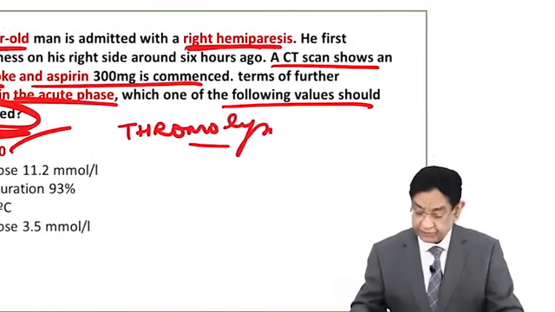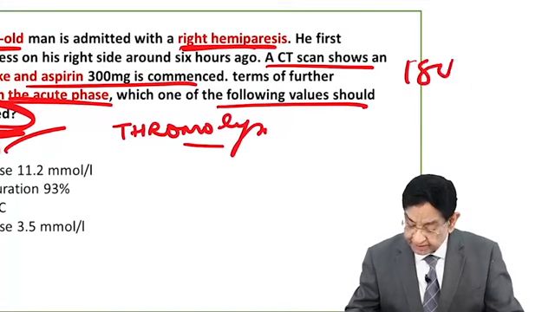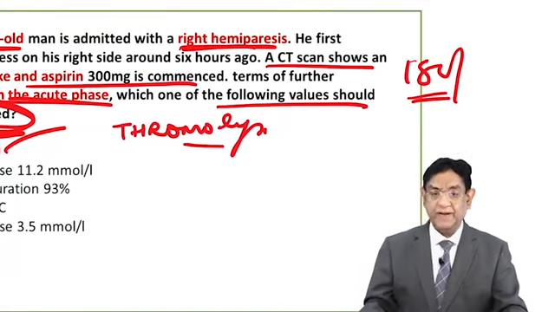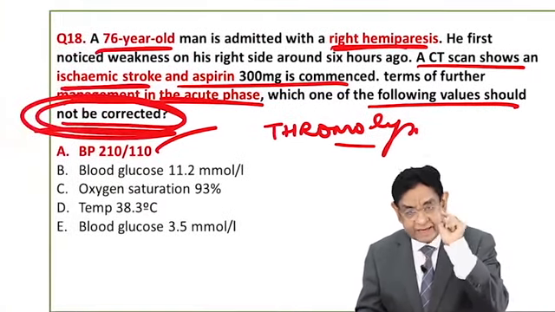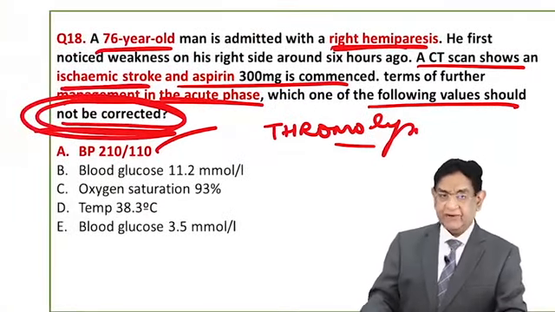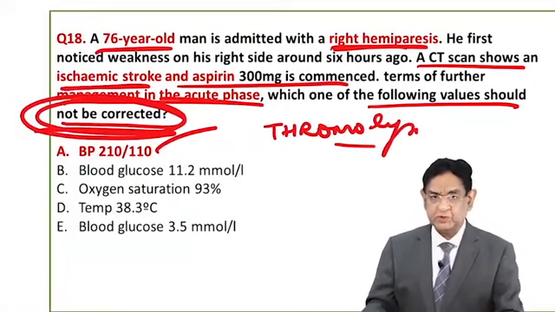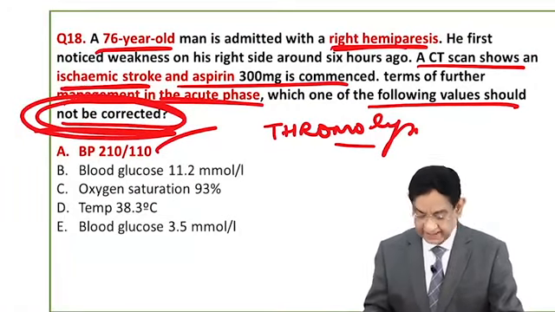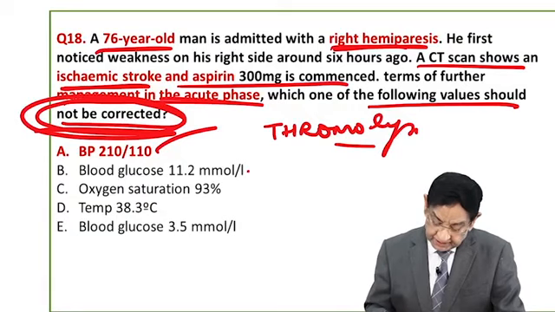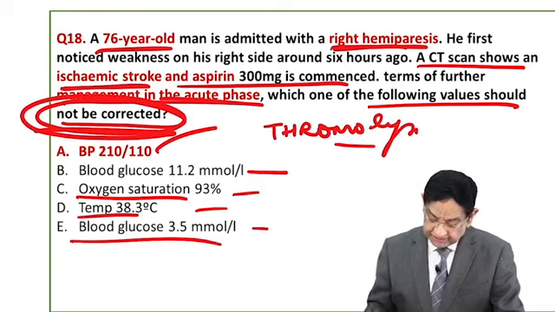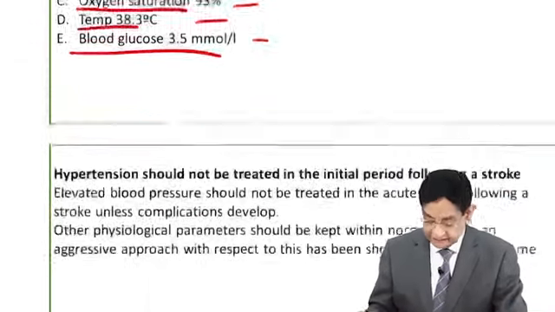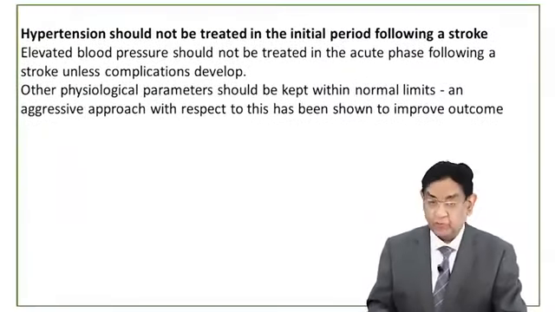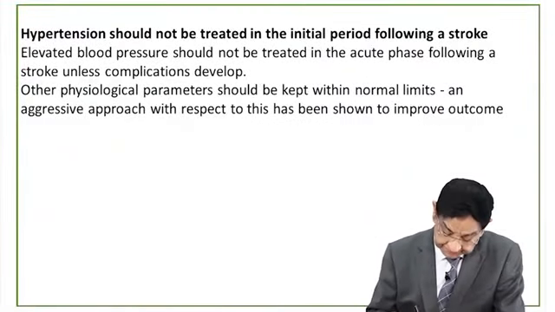Then only you would go for systolic BP below 180, that also 180. Everything I'm speaking, whatever I'm discussing so far, is all based on the NICE guidelines. Glucose is to be maintained, temperature normal, oxygen saturation normal, everything to be in the normal range. That you have to manage. But BP is not to be. So let us see what the NICE guidelines say.